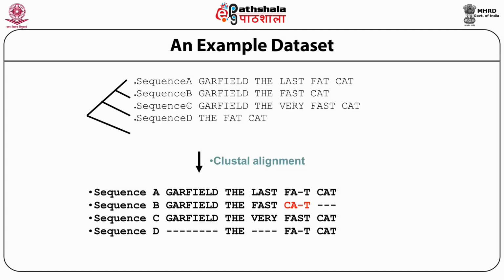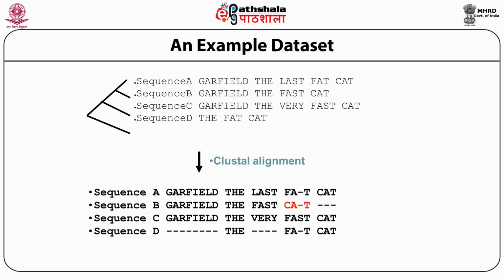So if you align them using Clustal, then what happens? Well, for the most part it works. Garfield matches with Garfield, fine. The matches with the. But last matching with fast is alright perhaps. But look at the third sequence, very fast, very should have been an insertion. But there is a little bit of error. So fast has moved away.